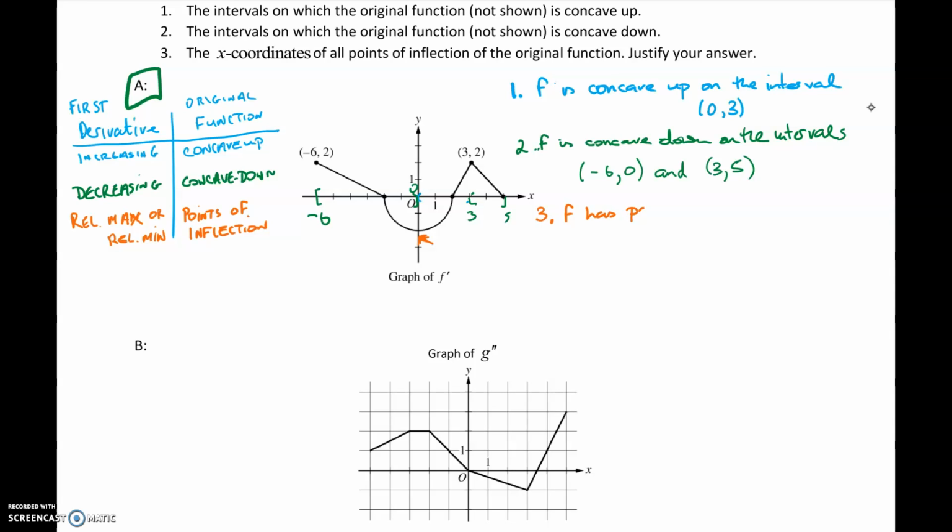F has a point of inflection at x equals 0. And the way you justify it is you say because f prime, the graph we're looking at, changes from decreasing to increasing.